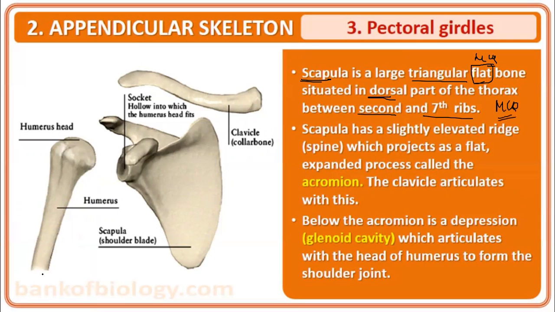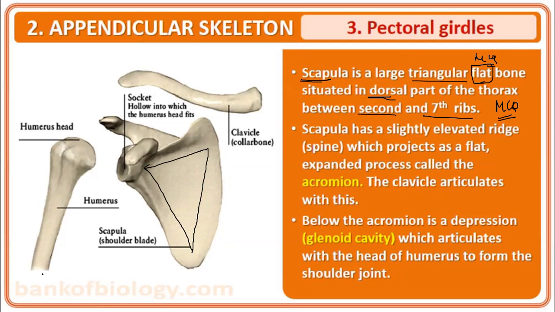This is all something you have to learn by heart. If I get any tricks, I'll inform you. I'll take a separate lecture for that. So scapula is a triangular, flat bone situated in the dorsal part, between the second and the seventh ribs.